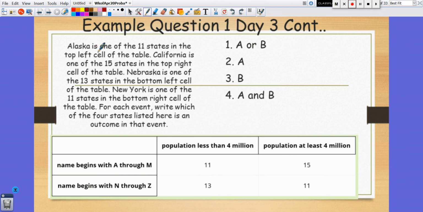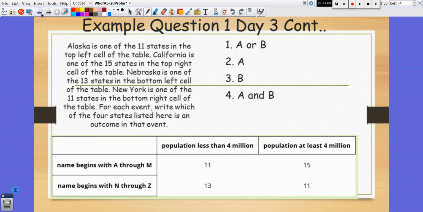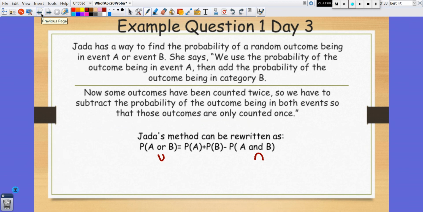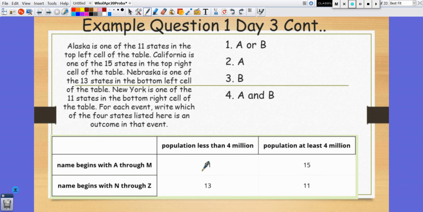I was supposed to do this one first, so I'll go back to that one. It says Alaska. Wait, we're missing some data altogether. Oh, where did that go? All right, so what we need to know before we can answer any of these questions, and I'm going to start with this one, is that there was a slide and I think I left it off.